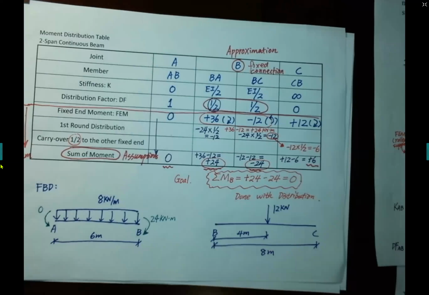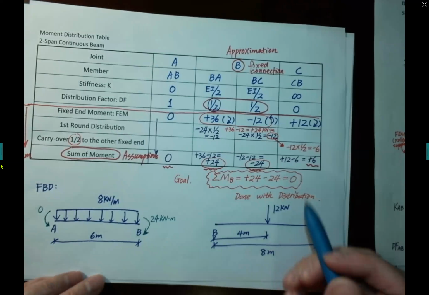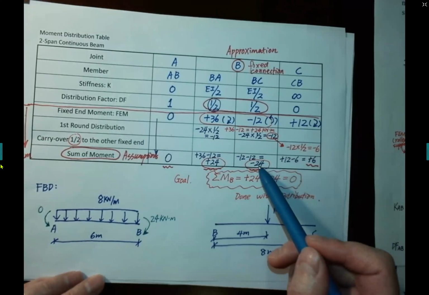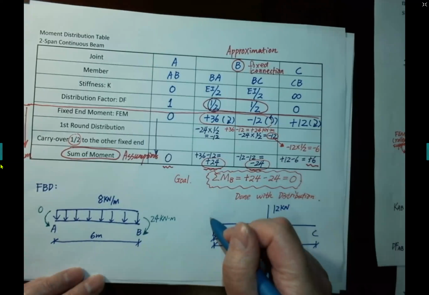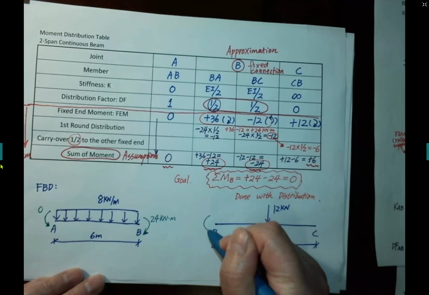According to the distribution table, we already know at B end it's negative 24, so it's counterclockwise.